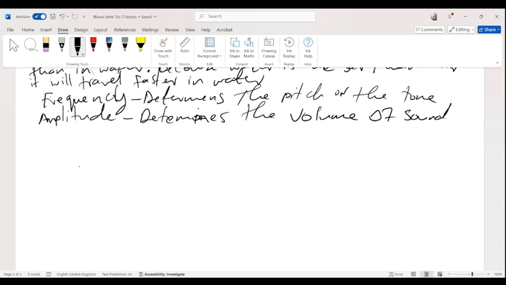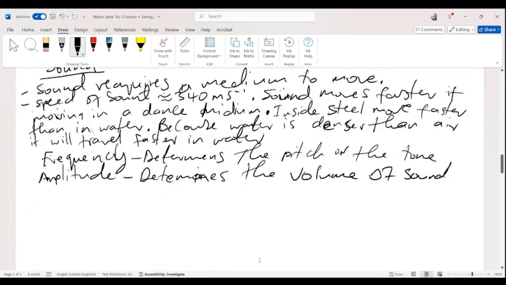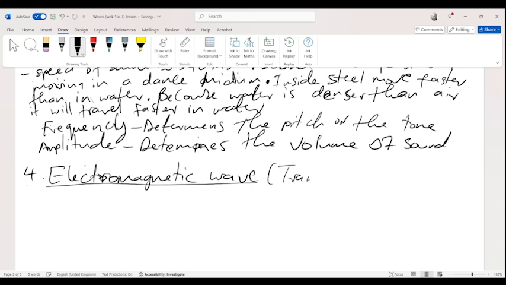Let's move to electromagnetic waves. So if that's number 3, this will be number 4. Electromagnetic waves. The name says it all. Now, this is a transverse wave.